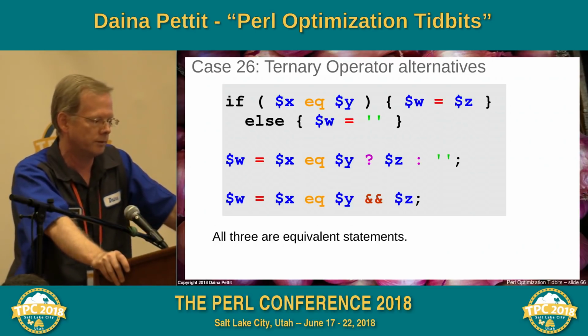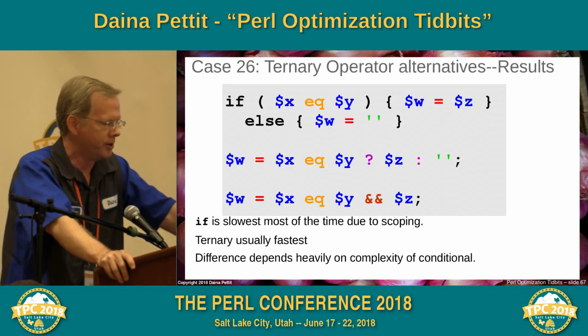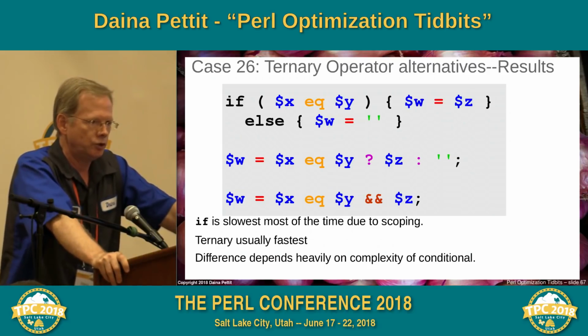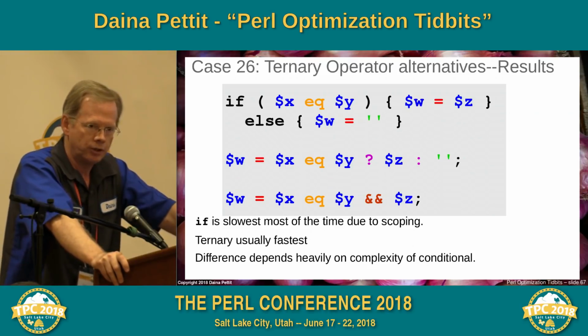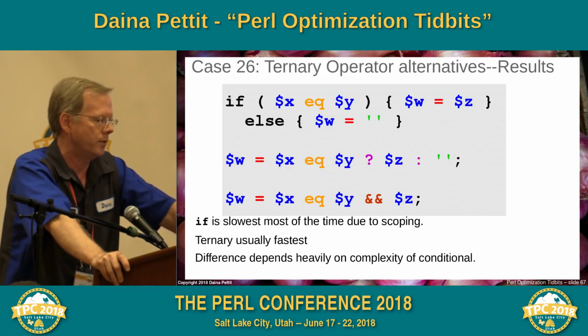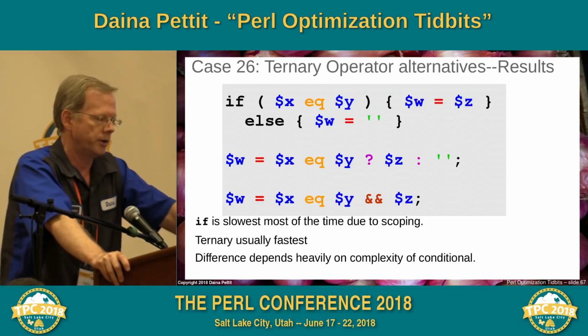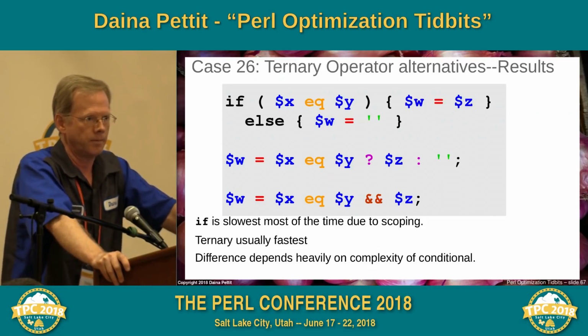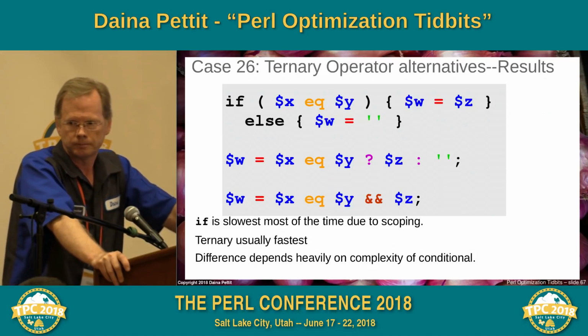So these are equivalent. It turns out the if is slowest, and we would expect that due to scoping. The ternary is usually fastest, but the biggest difference has to do with how complex our conditional is. If we make our conditional more complex, then it may turn out that the ternary form is actually slower. But the bottom two are pretty close, it turns out.